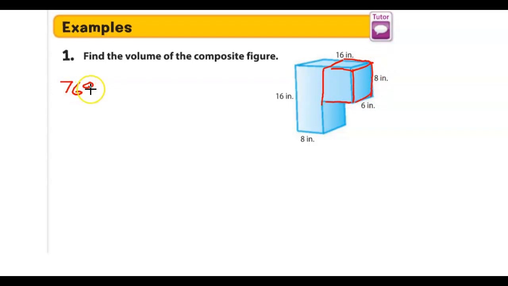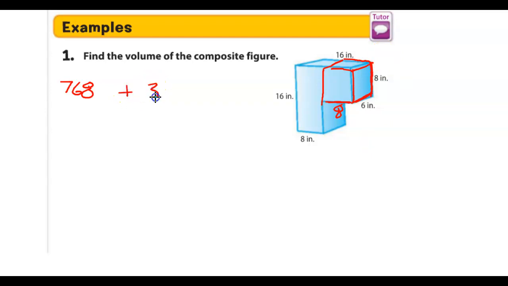And that was 768. So on this one, if you recall, this side right there is going to be an 8, and this is going to be a 6, and this is going to be an 8 there as well. So I'm going to do 8 times 6 times 8. It doesn't matter the order that you do it in, and that's going to give me 384.